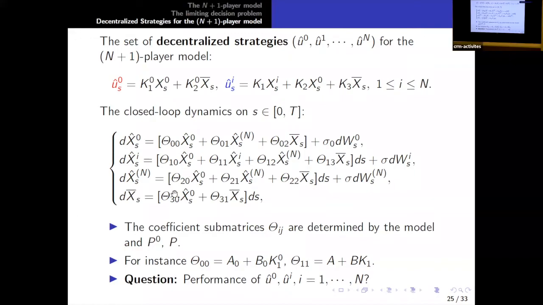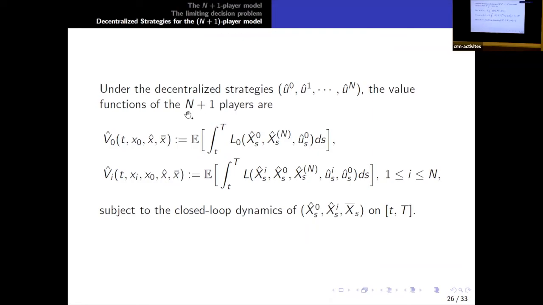So they are all coupled together. So now the question is how we can analyze the performance of the set of decentralized strategies.